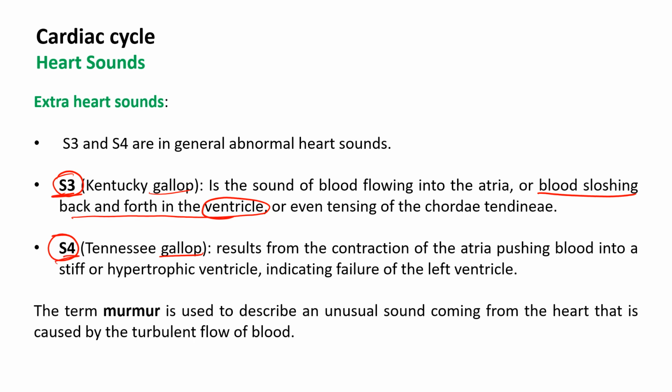S4 is a sound that is the result of a contraction of the atria pushing against a hard and stiff ventricle. This is also another abnormal sound. S3 and S4 are abnormal.